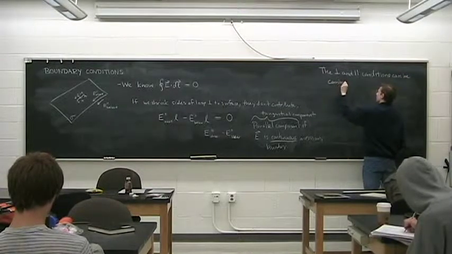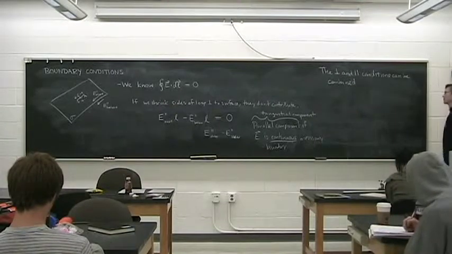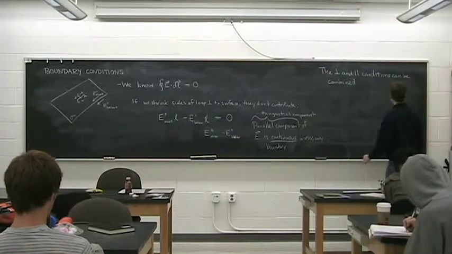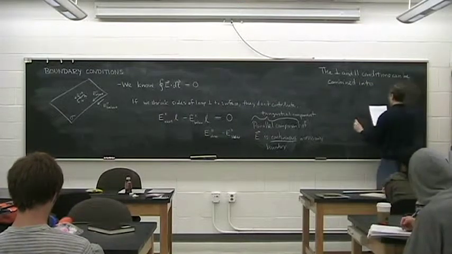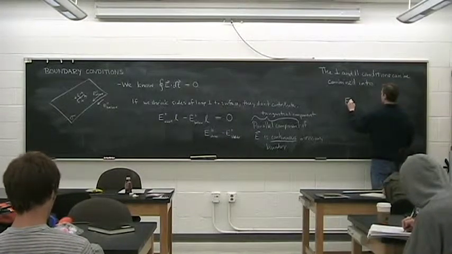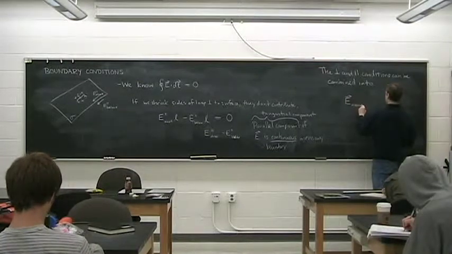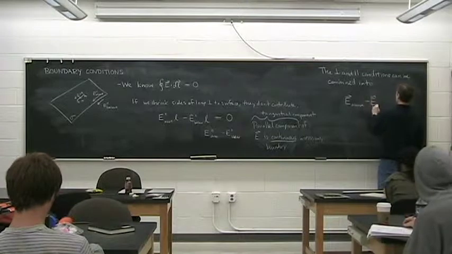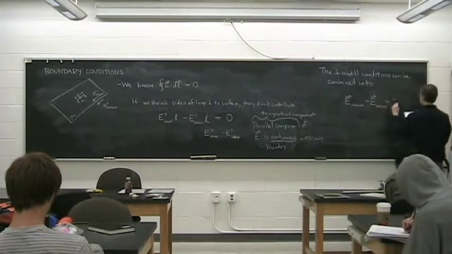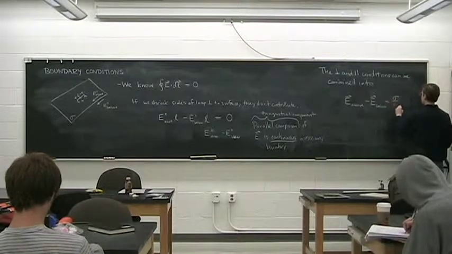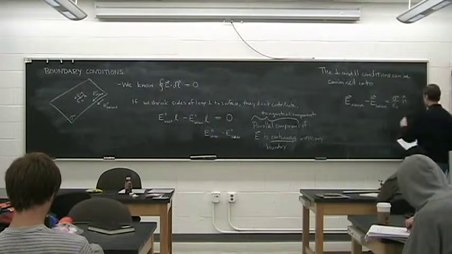So let's make a single vector statement that contains what we've learned about both the parallel and the perpendicular components. We can do that by saying that the total electric field above minus the total electric field below is equal to sigma over epsilon naught times n hat.